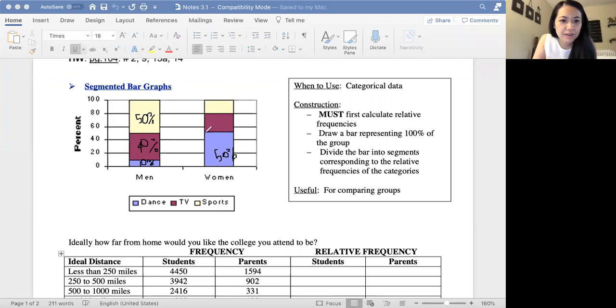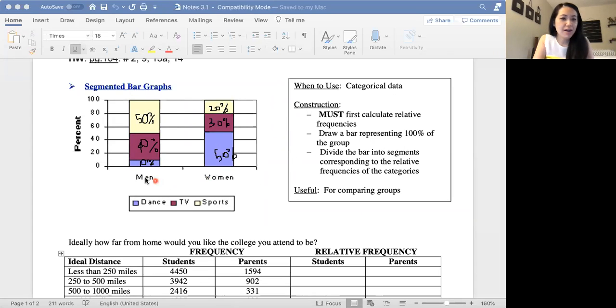From here, this is 50% right here to 80%, so that's 30% TV, and then 20% sports.